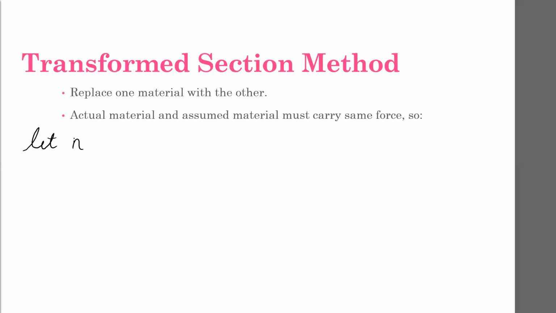We're going to let a variable n equal the ratio of the two moduli of elasticity, E1 and E2. E1 is what we're going to convert from, and E2 is what we're going to convert to. So we're going from material 1 to material 2.